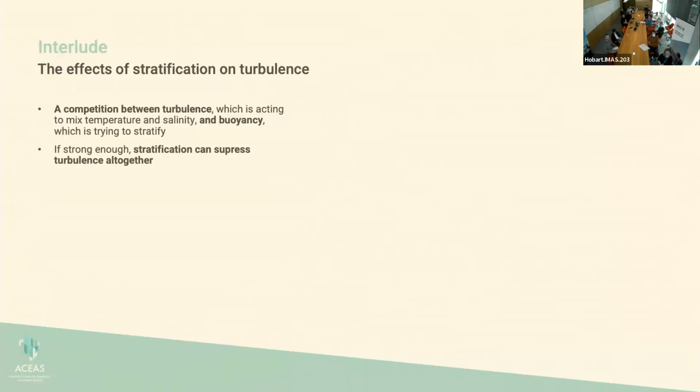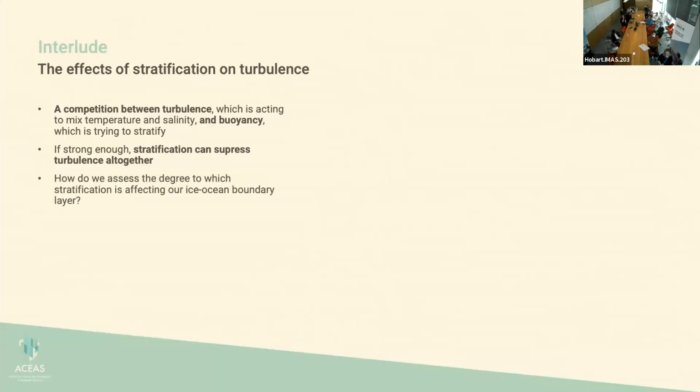If the stratification becomes strong enough, it can totally suppress the turbulence. That's very important from our perspective of trying to understand the melting, because this will really decrease the amount of heat available for melting.